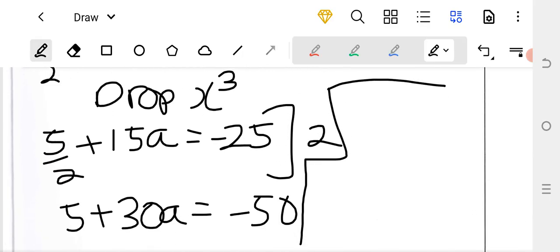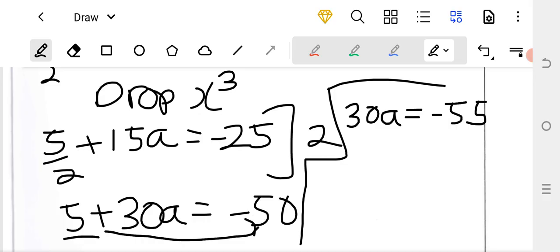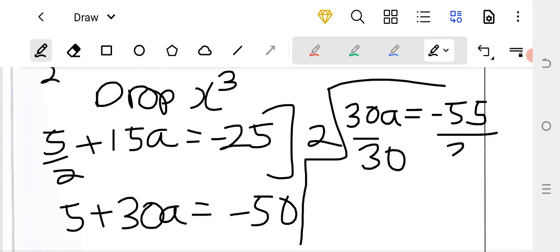It's going to be 30a is equal to negative 55 when you take this 5 to that side of the equation. So you divide both sides by 30. 30 can go into itself 1.